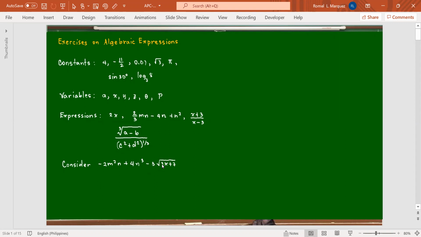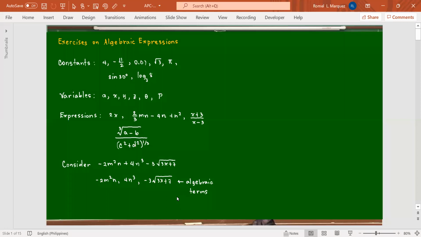There are 3, no? So we call them simple expressions. Simple expressions here, including the sign, are algebraic terms, no? So these are called algebraic terms. Okay? So -2m squared n, 4n cubed and -3 square root of 3x plus 7 are called algebraic terms. Okay, guys? Or simply terms.